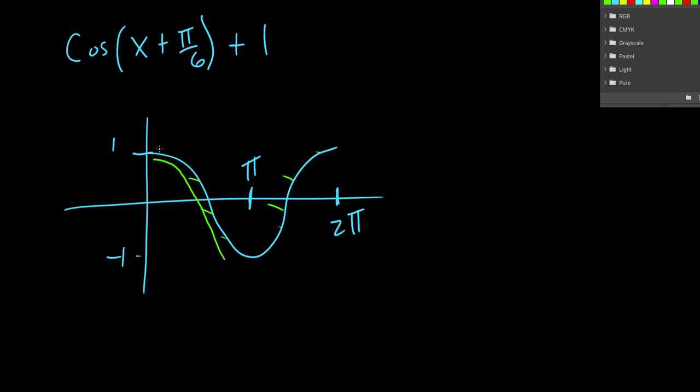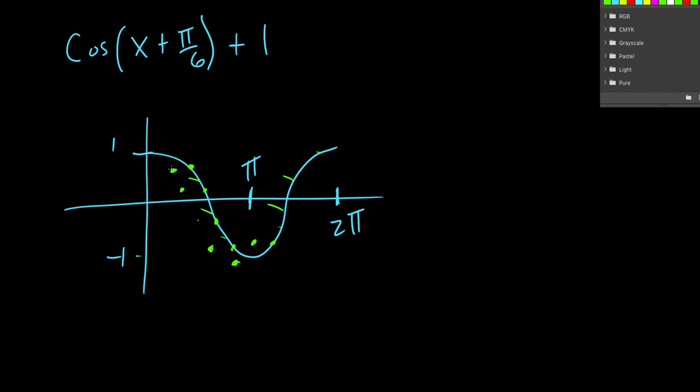I always have the hardest time drawing this. So if we take this point, move it here, this point, move it here, and so on for each point. Okay, there we go. I always have a hard time drawing these.